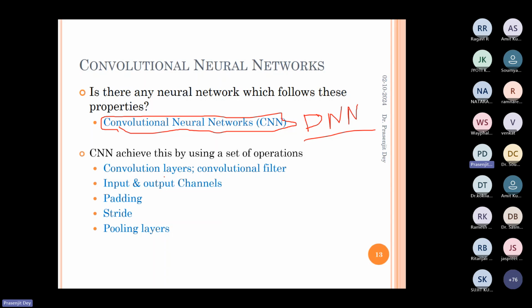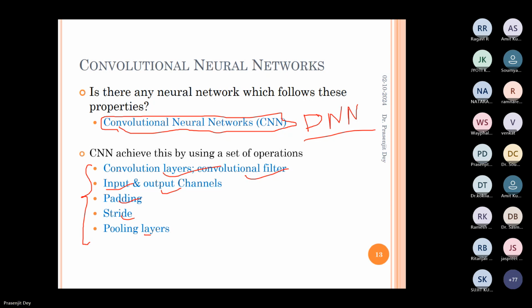It consists of the convolution layer, which contains a convolution filter. It contains input channel, output channel, padding, stride, and pooling. These are the crux of any CNN model. And at the end of the class, I will give some demo or implementation of how you can implement this model.